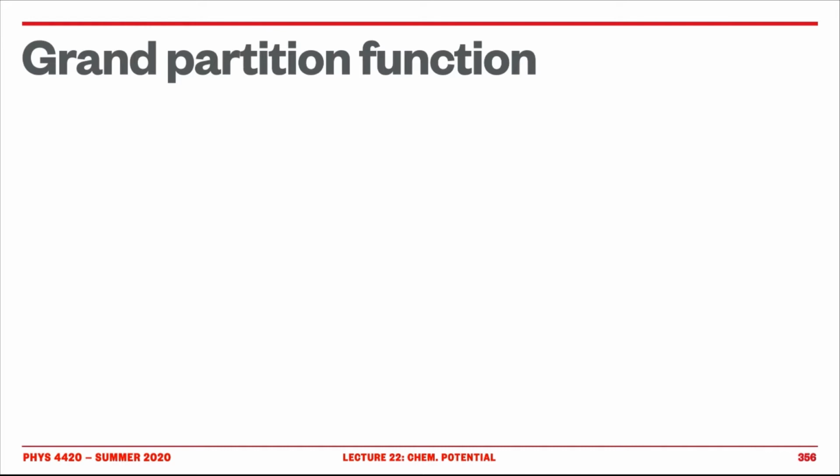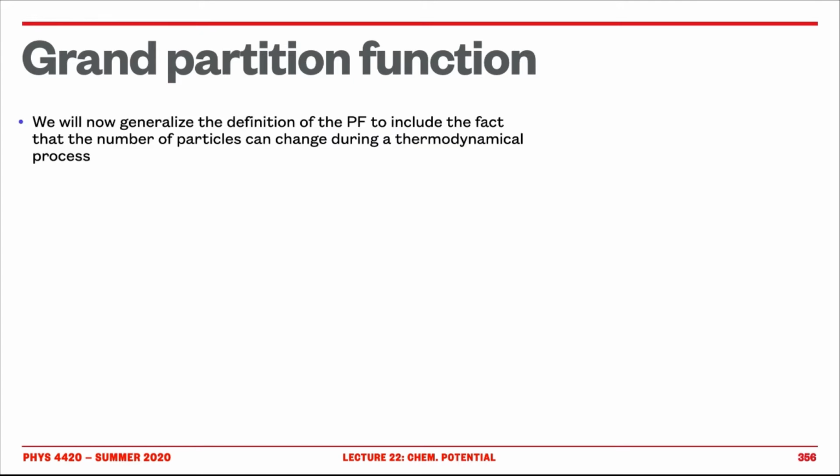Remember that we had a given temperature, and that's where the Boltzmann factor came in. So in that perspective, the Boltzmann factor, and therefore the partition function, had temperature as a parameter. But that's all good. Remember, at that time we had not considered the number of particles. So that's what we are going to do now, that the number of particles can change.